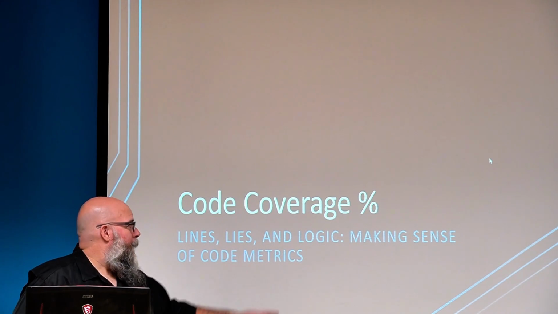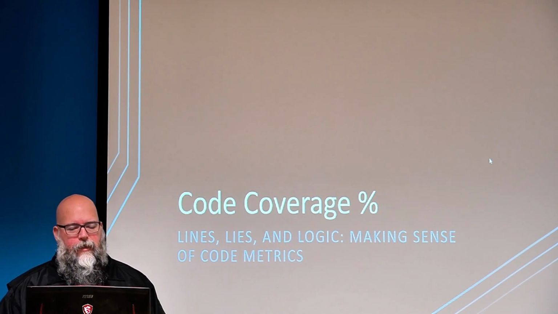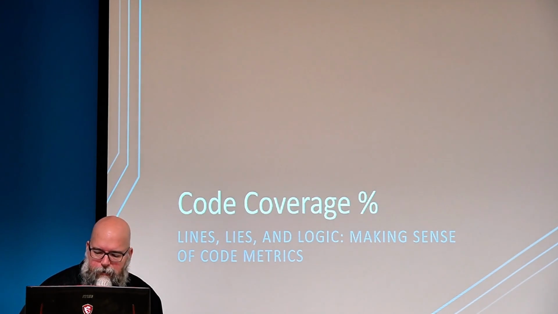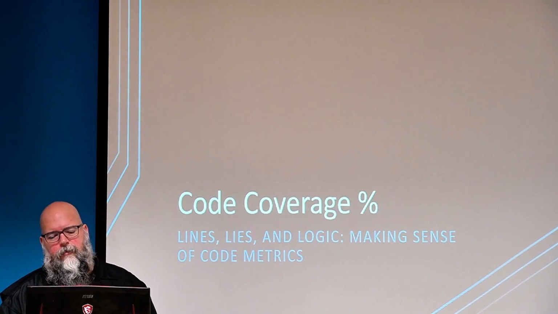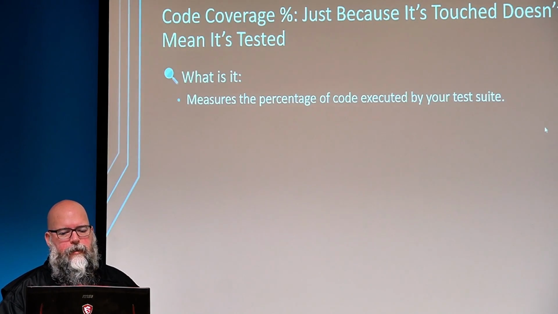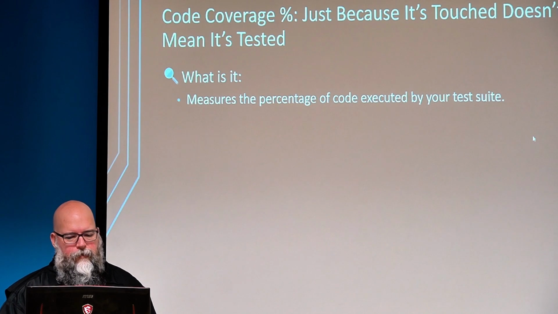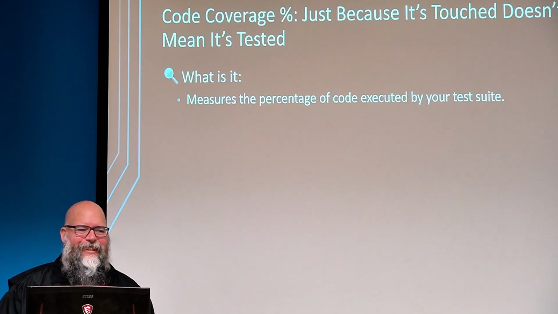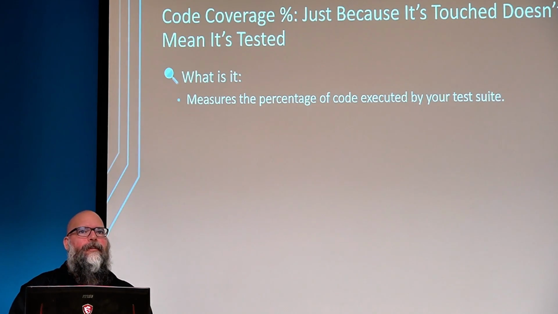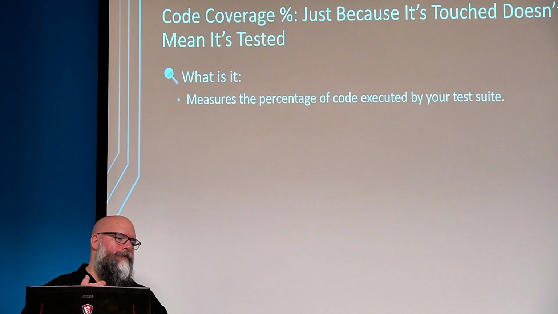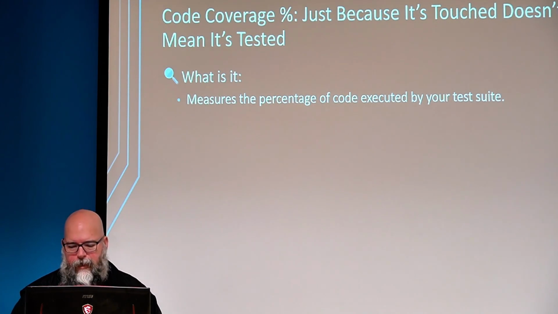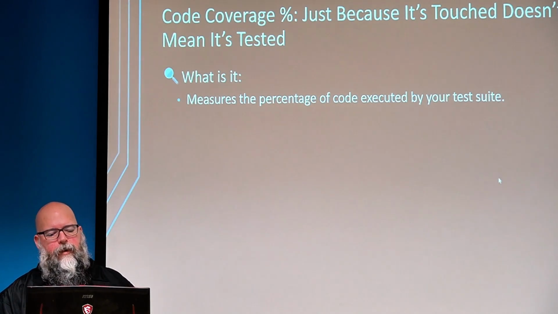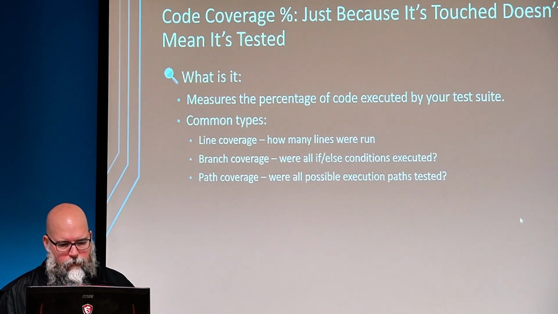All right, I like this one too, code coverage. Let's go through what it is and I'll talk about it. Just because it's touched doesn't mean it's tested. This is the percentage of your code that's covered by unit tests or integration tests or performance tests, whatever kind of test you want to call it.